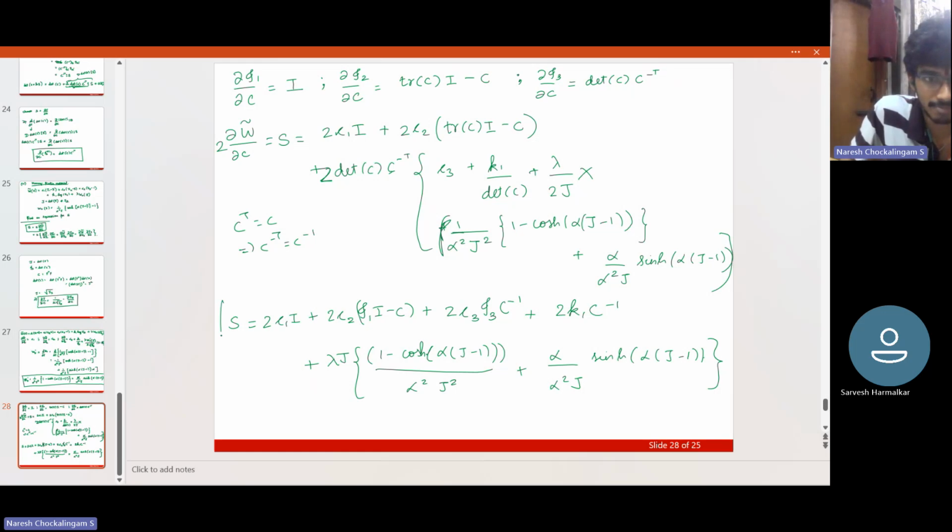So this is the final expression for the second Piola-Kirchhoff stress tensor in terms of the right Cauchy-Green tensor C.